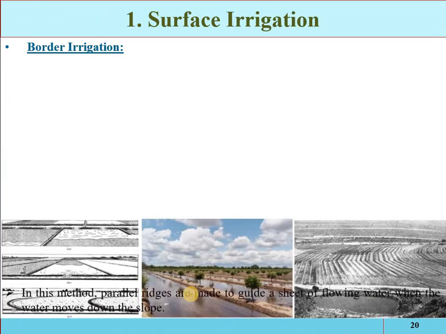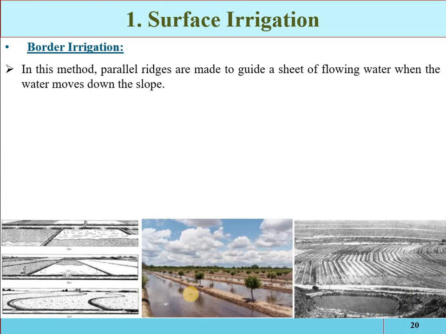In this method, parallel ridges are made to guide a sheet of flowing water when the water moves down the slope. Here you can see a parallel ridge, one ridge, another ridge, another ridge. So the area will be divided into a number of strips, or a number of borders. The farm is divided into a series of strips of 10 to 20 meters, meaning the average recommended width for the border is 10 to 20 meters.